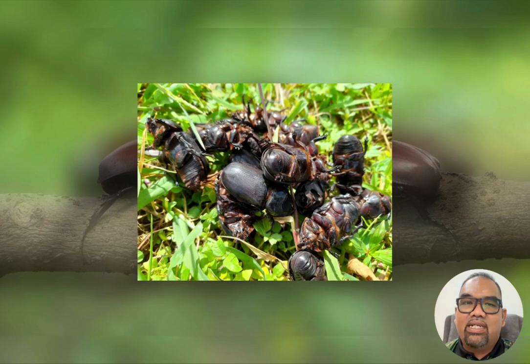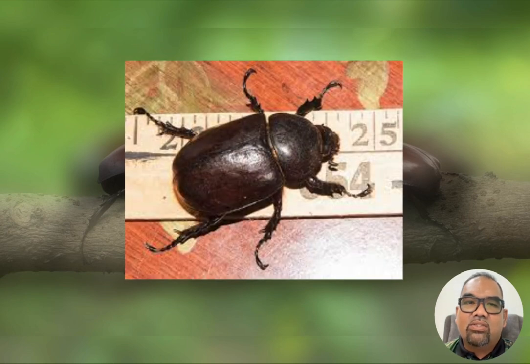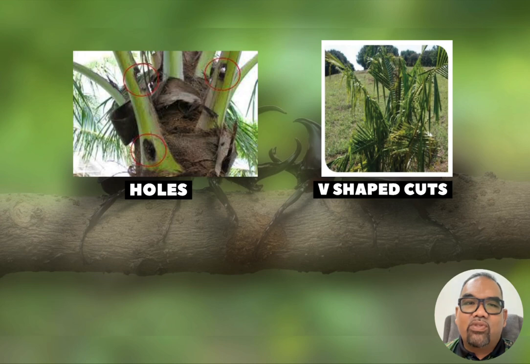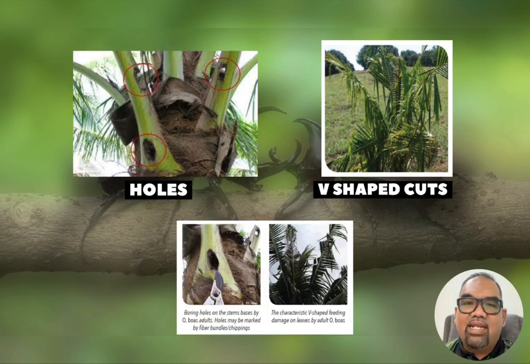The nocturnal beetles bore into young palm fronds, causing holes and V-shaped cuts, leading to reduced photosynthesizing areas and delayed fruit production. Attacks often result in significant crop loss and can be lethal to young palms.